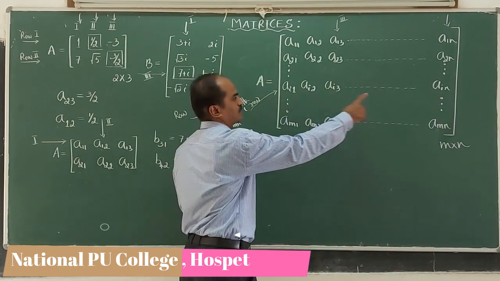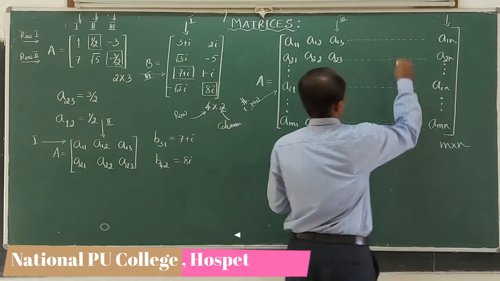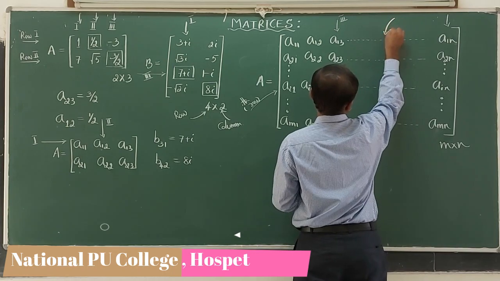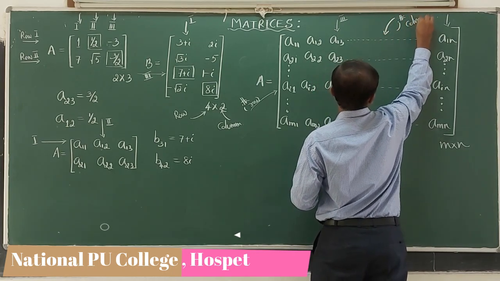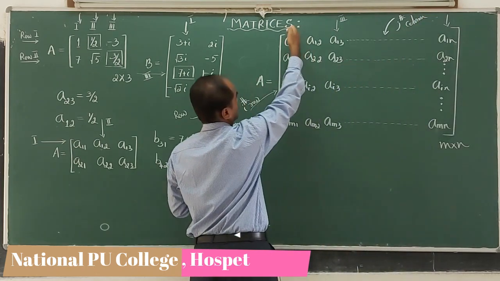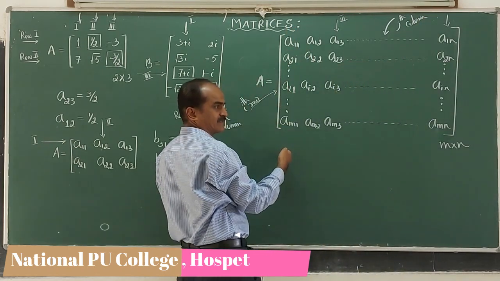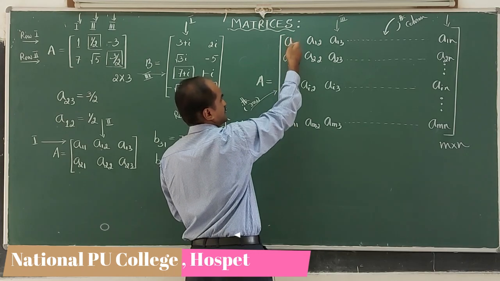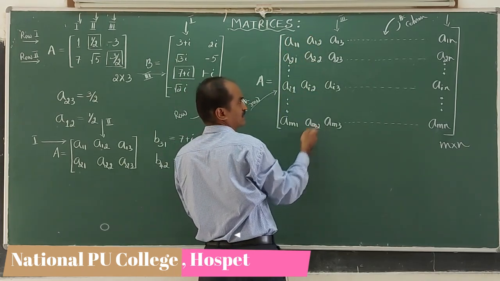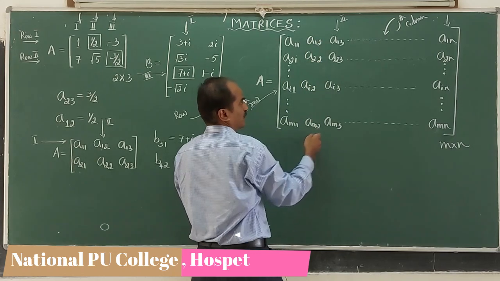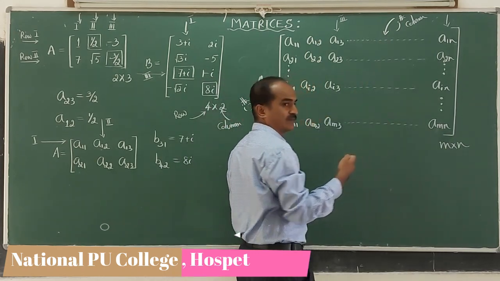These are all ith row elements. Now let me write, say, jth column elements. Observe here, if you consider elements in the first column, all their second suffix will be equal to 1. If I am writing second column elements, their second suffix will be 2. Now I am writing jth column elements.